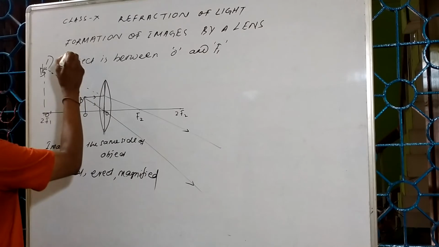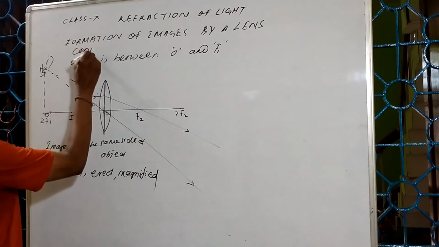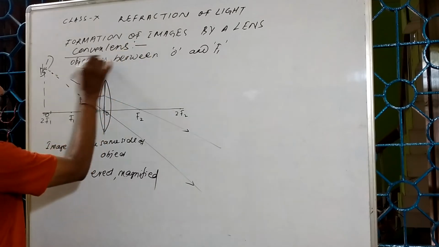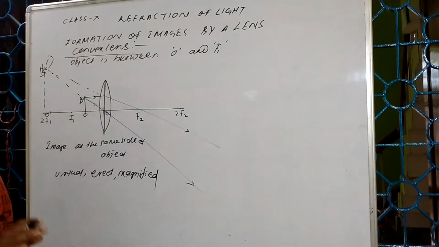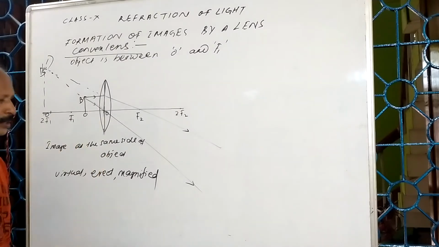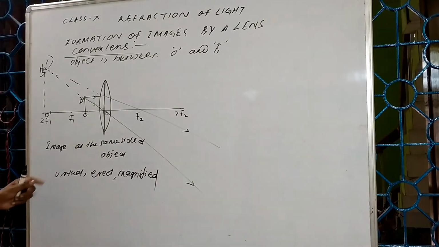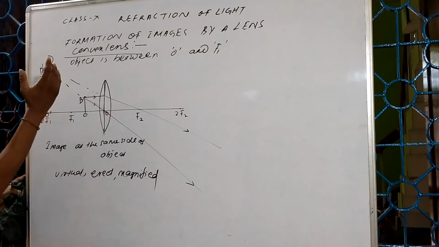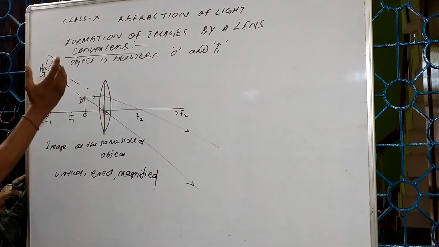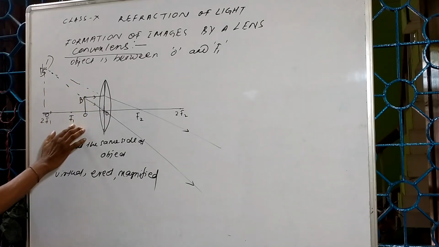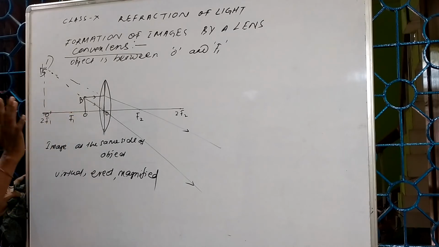I am explaining the image formation in a convex lens at different positions. After that, I will take the concave lens also. So this is about how the image is formed by a convex lens when the object is between optic center and focus.